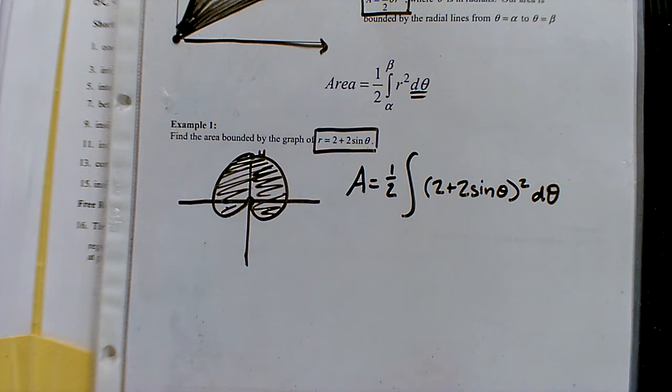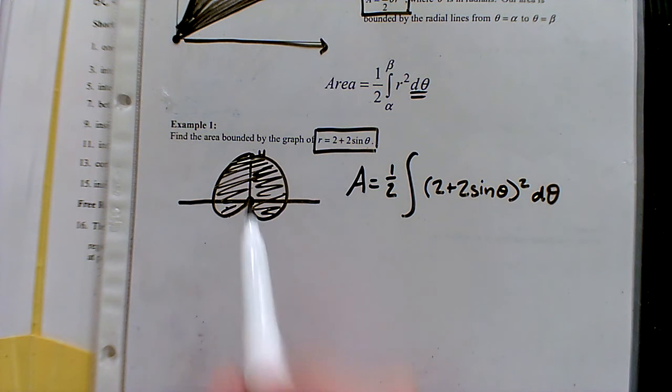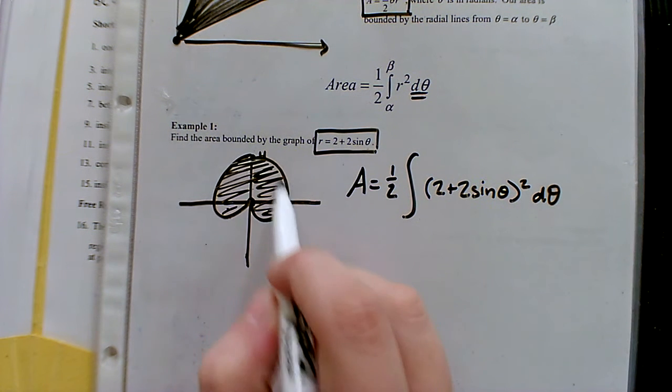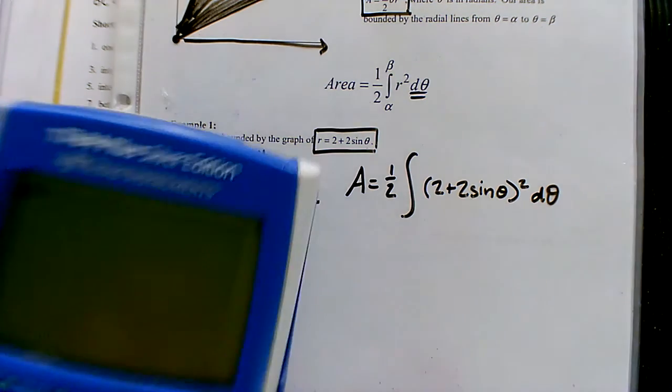Okay, so let's try to figure out what the bounds might be. We got to figure out the starting angle that we have and then the ending angle that we have in order to create this entire shape. So maybe we'll utilize our calculator for that, and perhaps we'll see how we can figure that out algebraically in a second.